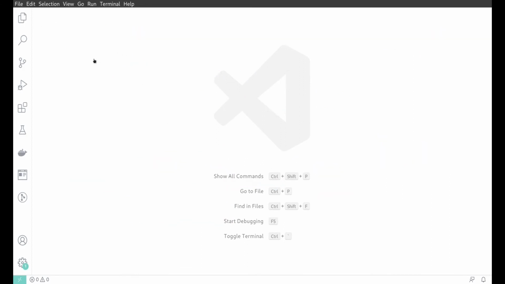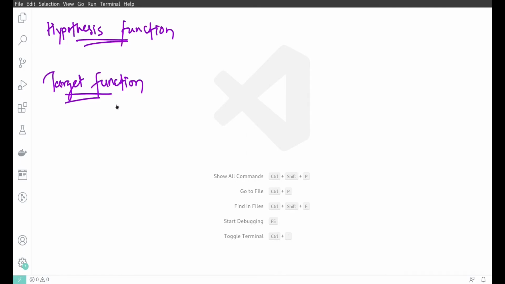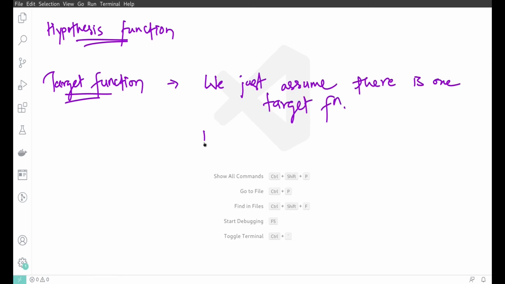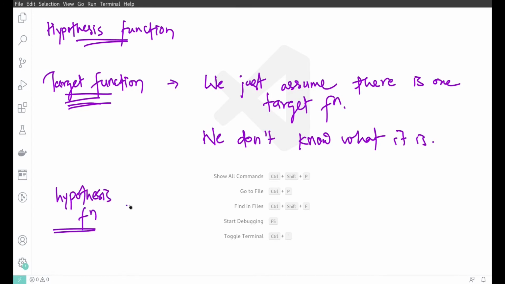Now let us look at something called the hypothesis function. This is closely related to the target function. We just assume there is one target function, but we don't know it yet. Since we do not know what this particular target function is, we create a hypothesis function and we try to approximate the target function.